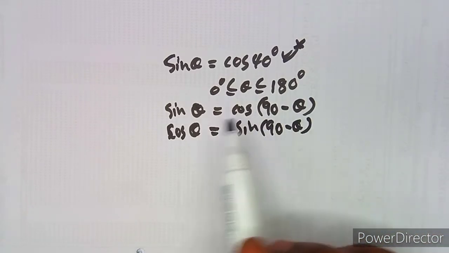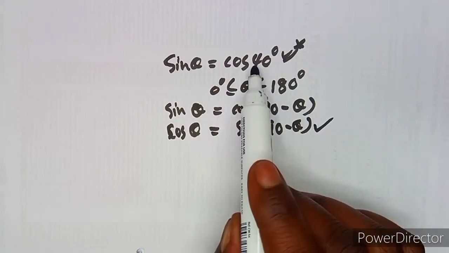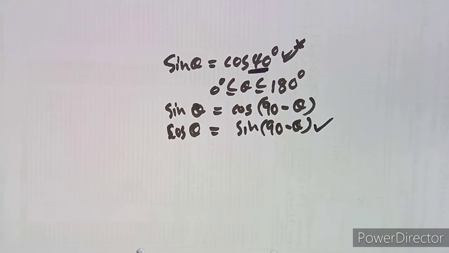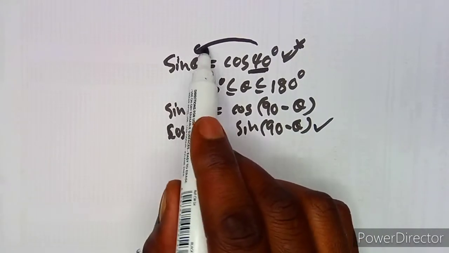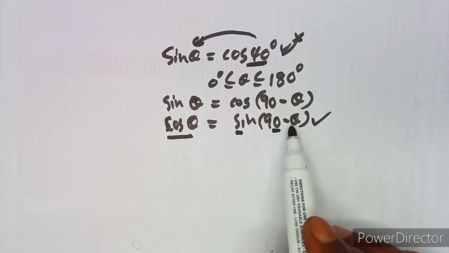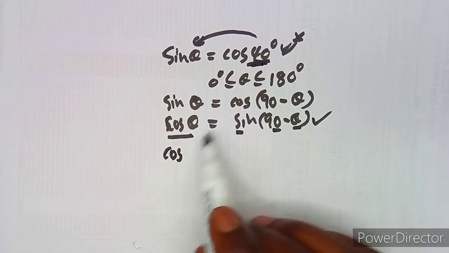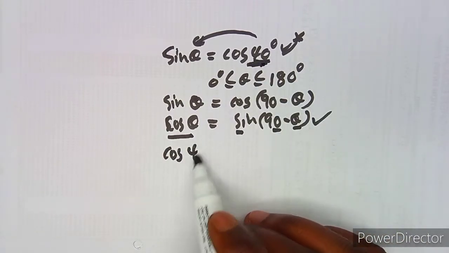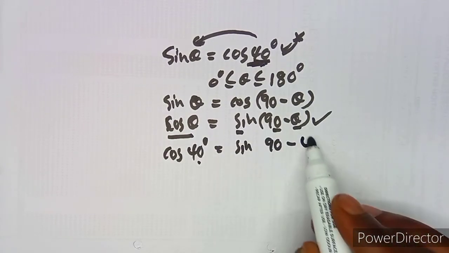Using this relationship, we can obtain the equivalent angle in terms of sine. So cos 40 degrees is equivalent to sine of 90 minus 40.